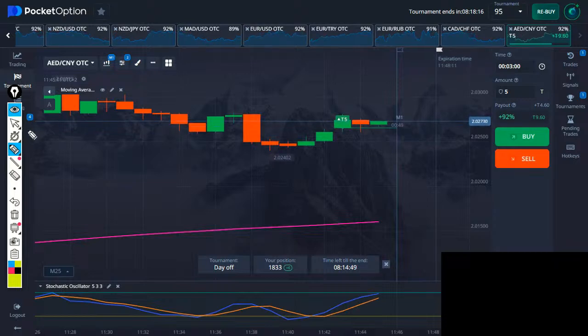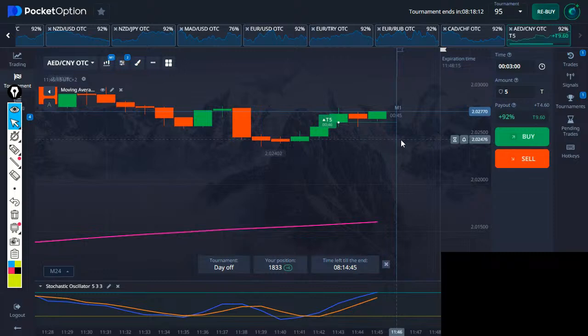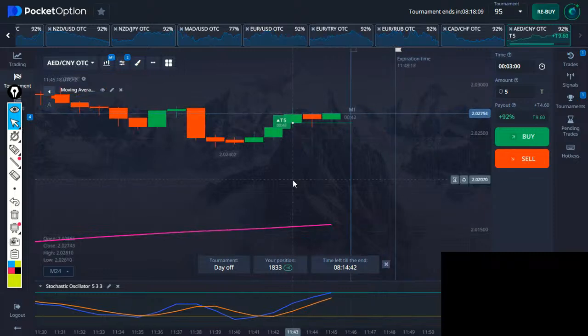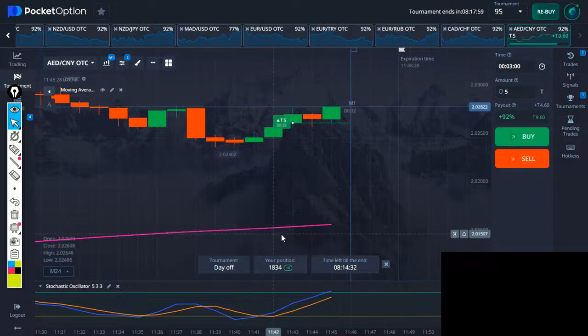However, we still have a good position. Beautifully. This trade is going perfect till now.